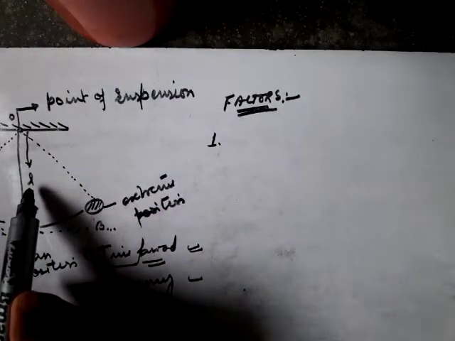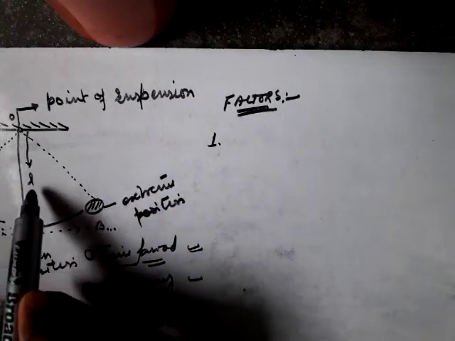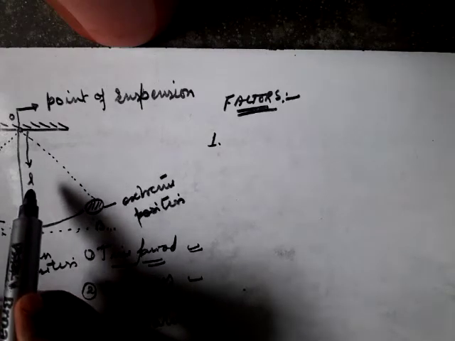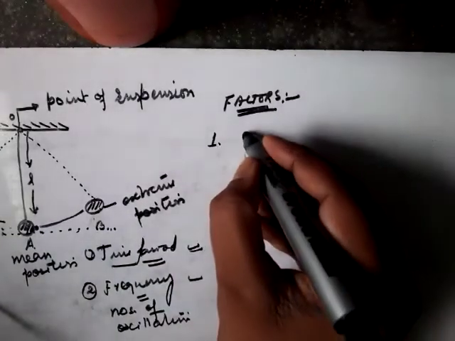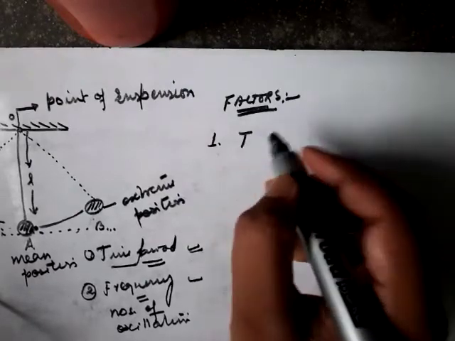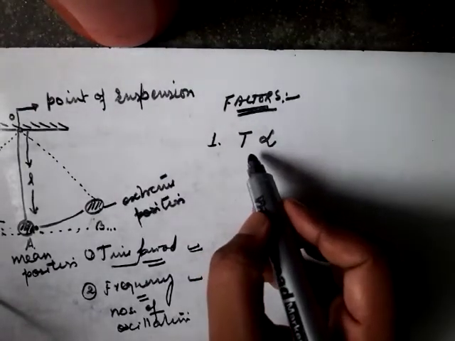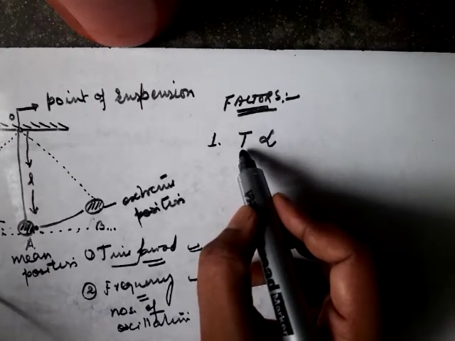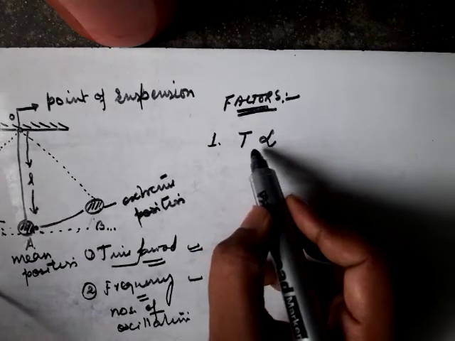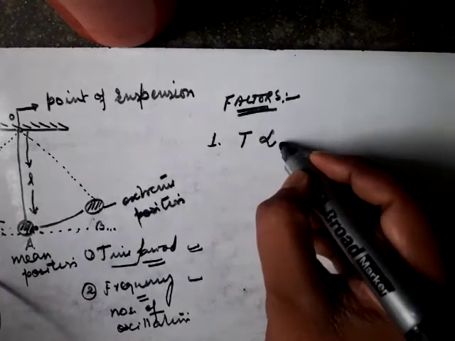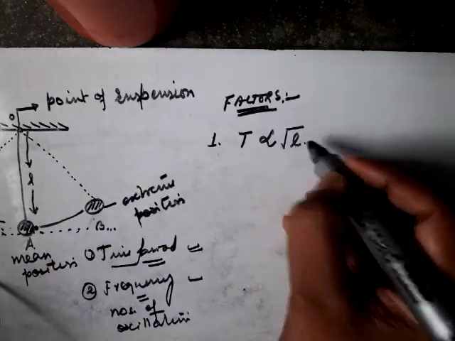The time period first of all depends on this. How does it depend? Understand it clearly: the time period of any simple pendulum is directly proportional to the square root of the effective length.